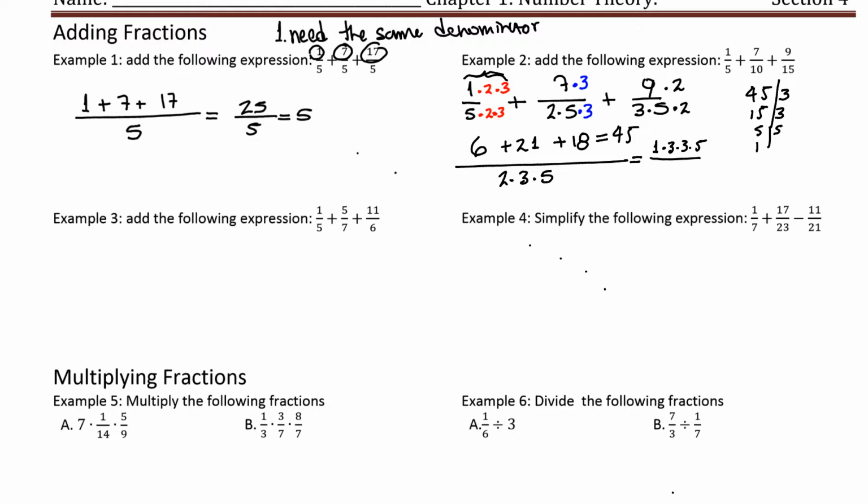On the bottom, we still have 2 times 3 times 5. I purposely did this because what we're going to do next is cancel out anything that repeats. 3 on the top, 3 on the bottom cancels out. 5 on the top, 5 on the bottom cancels out. The only thing left is this 1 times 3 on the top over 2. Simplify that, you get 3 over 2.